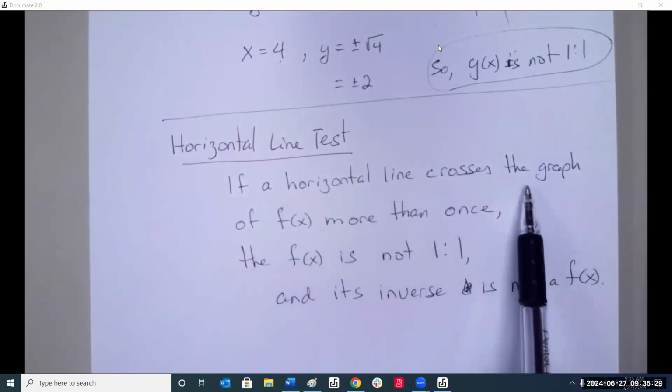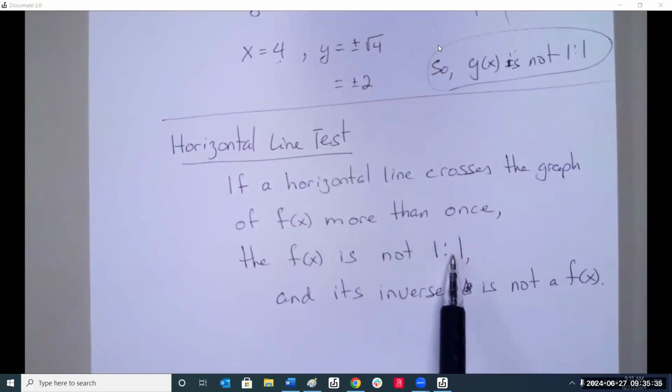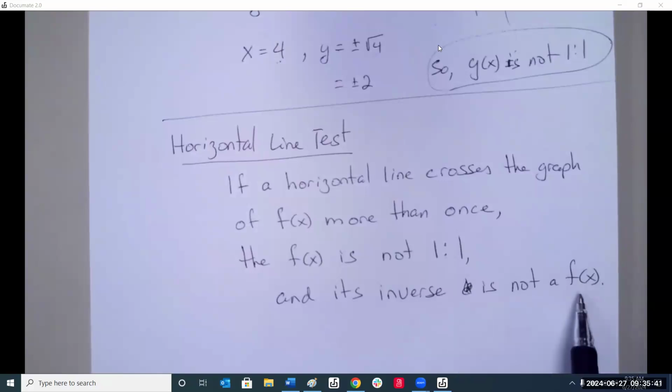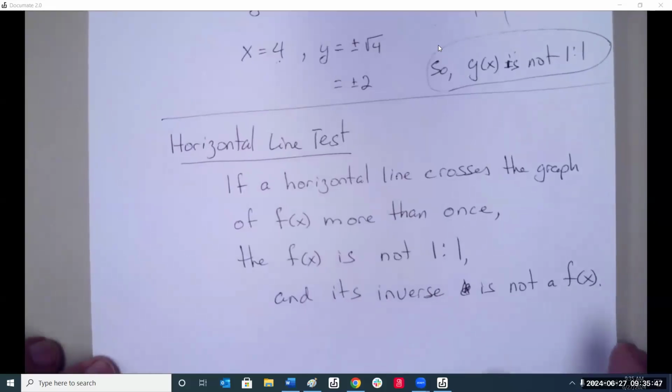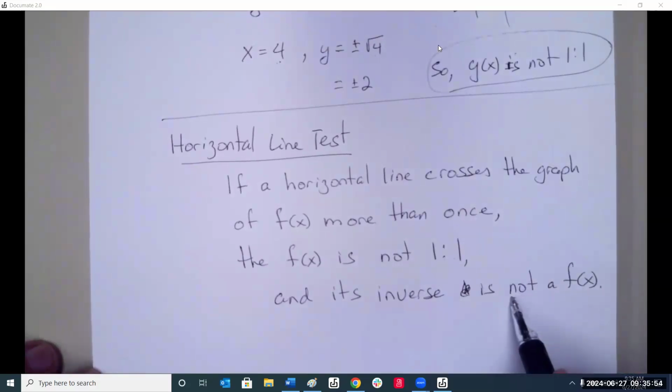If a horizontal line crosses the graph more than once, the function is not 1-to-1. Because there are two inputs for the same output. And its inverse is not a function. I mean, we found the inverse, it's just not a function. Why is it not a function?